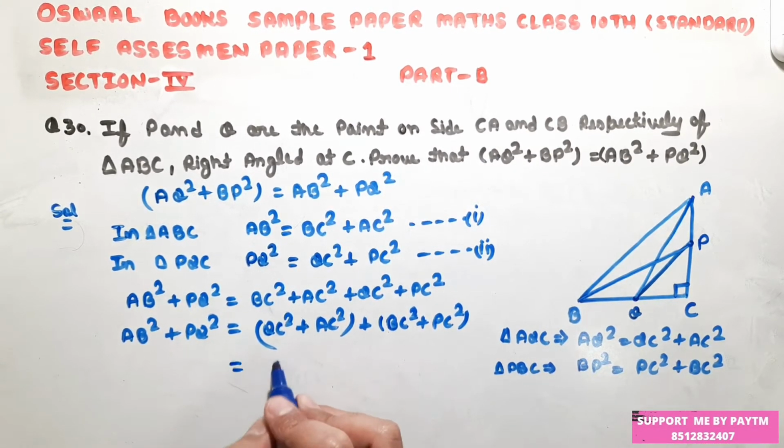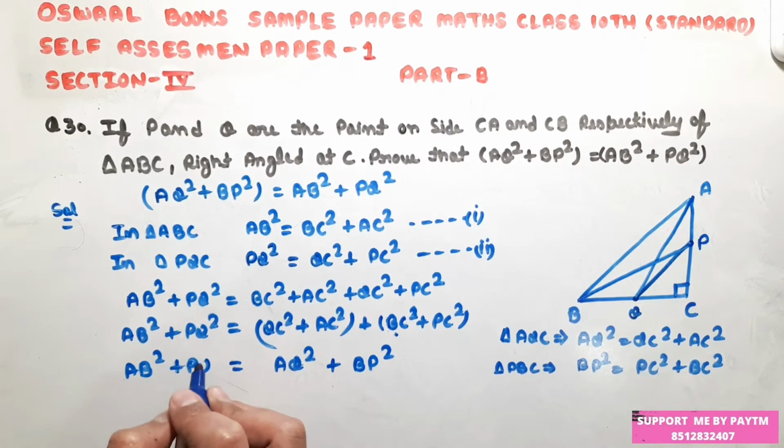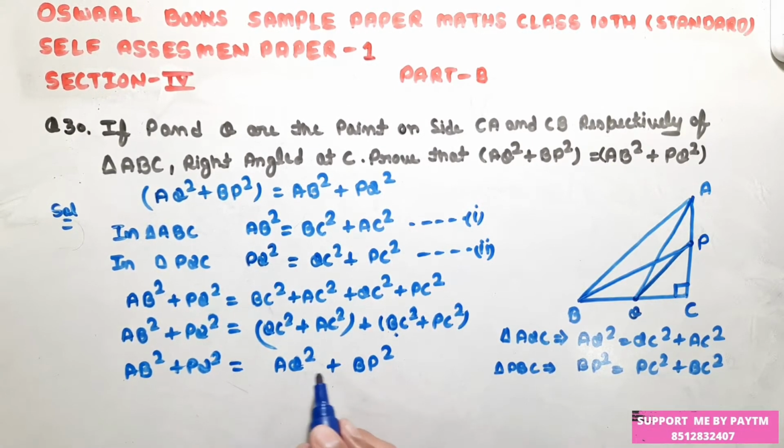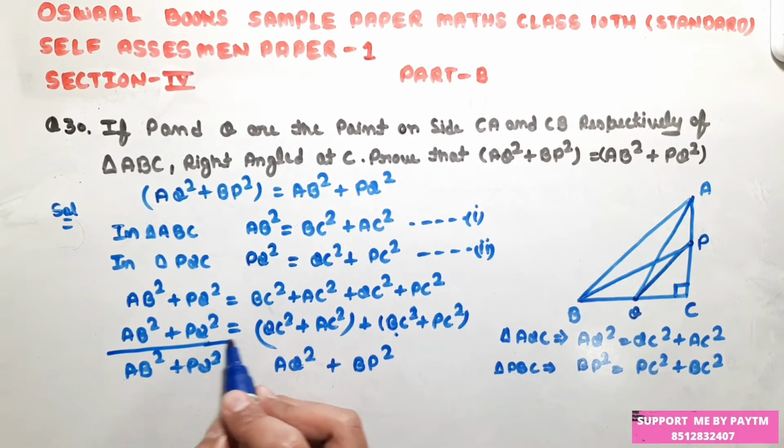So putting the value here, plus BC square plus PC square is equal to BP square. So AB square plus PQ square is equal to AQ square plus BP square. Hence proved.